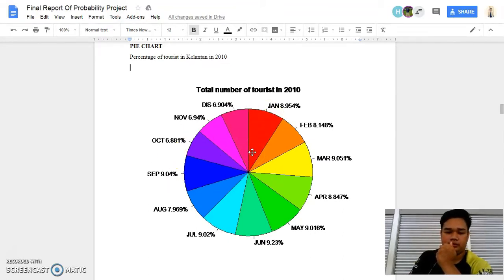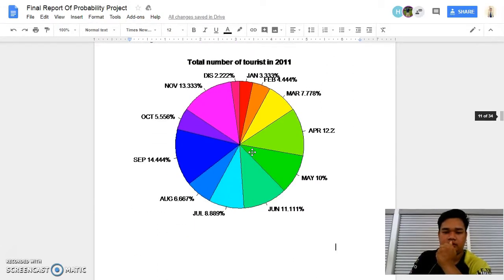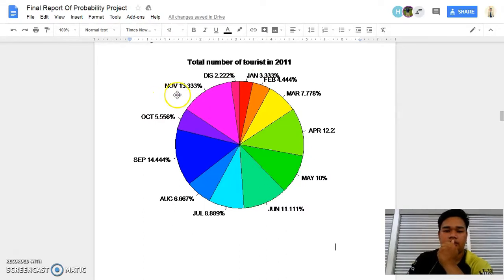But for 2011, there is a small percentage for December and January, but quite high for November and September.